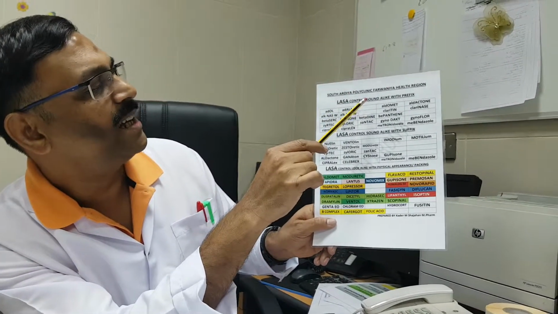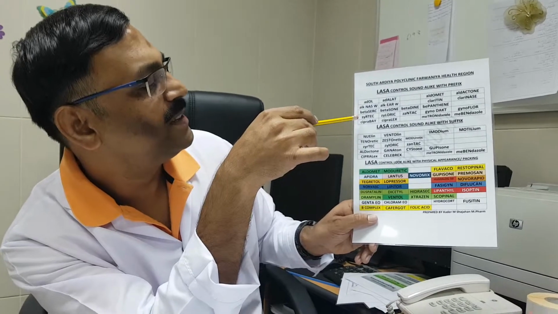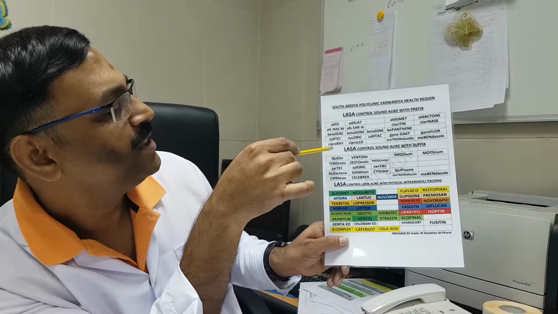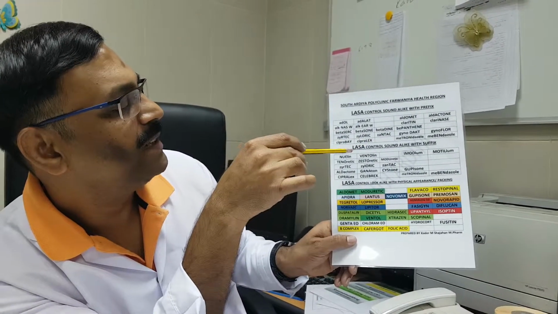Here, LASA control, sound like with prefix, starting looks similar. The pronunciation: Zyrtec, Xyloric, Zantac, Ciprobe, Cipralex. Similarly, LASA control, sound alike with suffix at the end: aldactone, ganatone, chistone, guppisone.